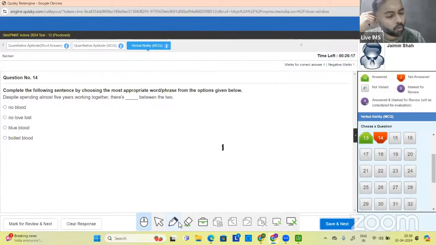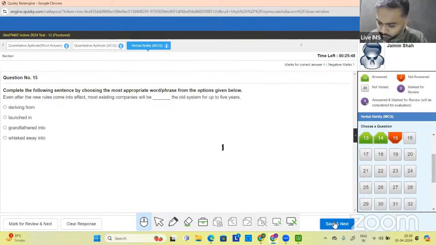Boiled blood, is there something like boiled blood? No love lost. Sure, there's something called boiled blood, but 5 years together, there is no love lost between the two. Think love lost.